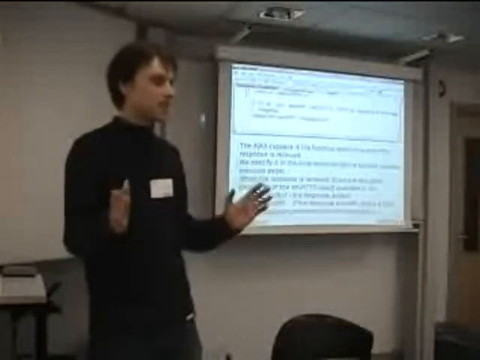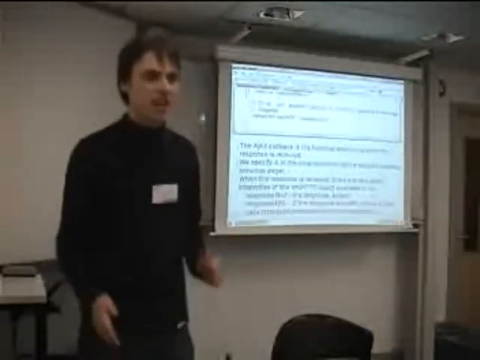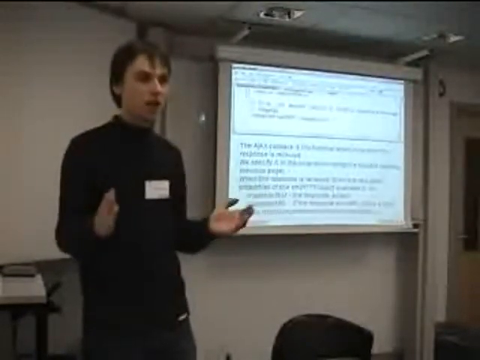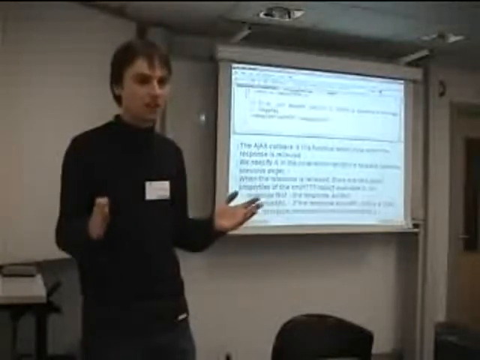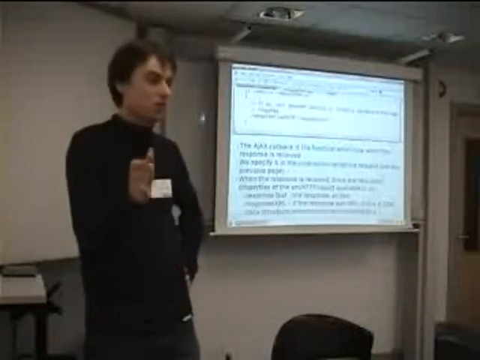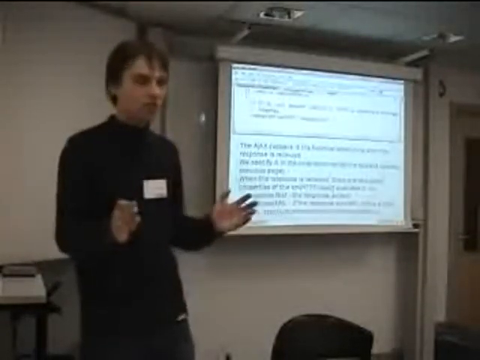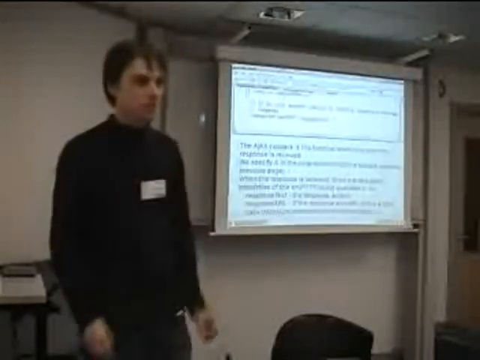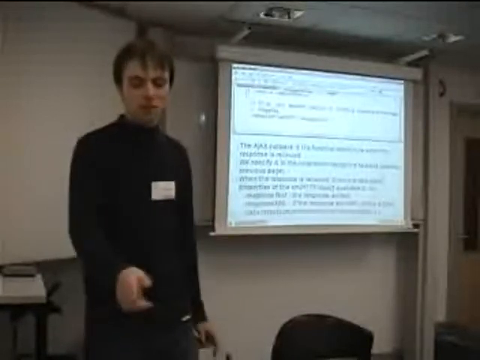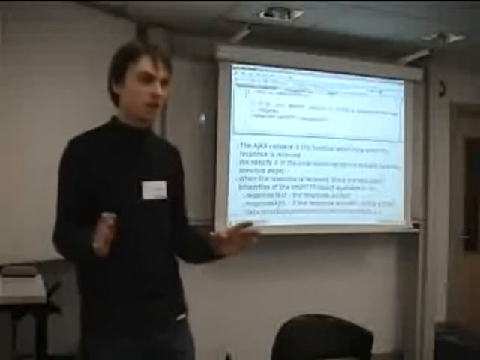So if the server sent us back XML, then responseXML is essentially a complex data structure representing the XML returned back from the server. So if we want to do things like only get certain information out of the response, then we can take the responseXML property and manipulate it. So those of you who are familiar with document object model programming, responseXML is essentially a document object model hierarchy of nodes.